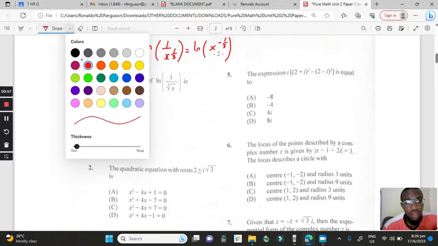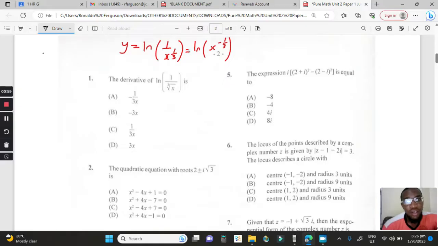Now the rule of logarithm, when you're differentiating a log function, says that dy by dx is going to be equal to f prime of x over f of x. So our f of x in this case is x to the minus 1/3.